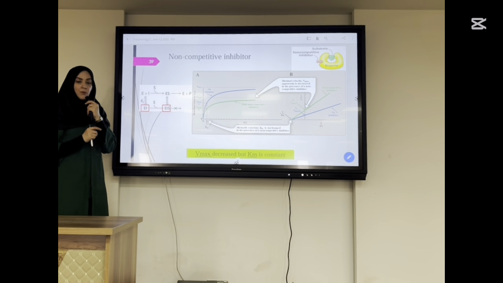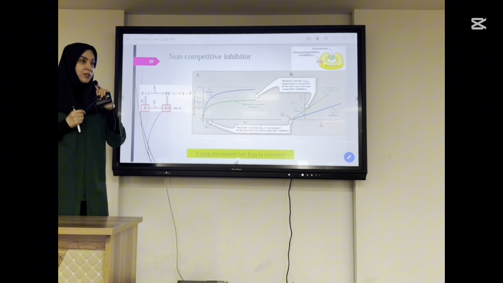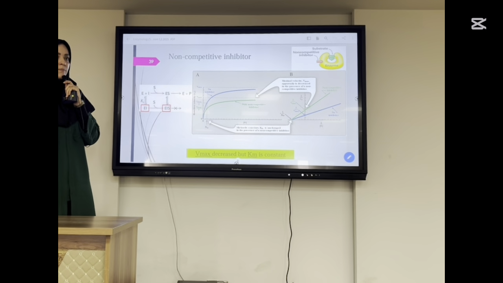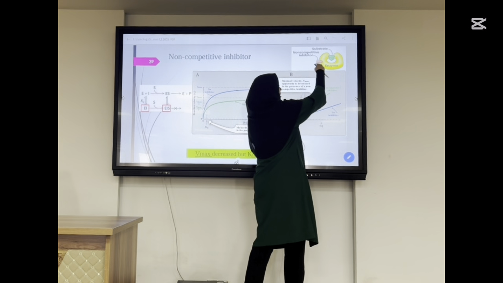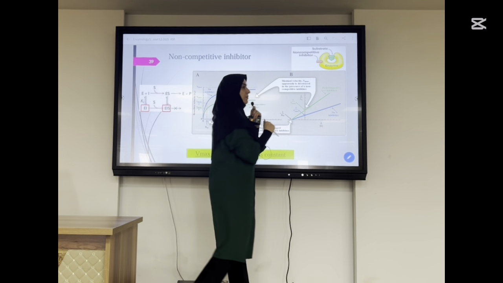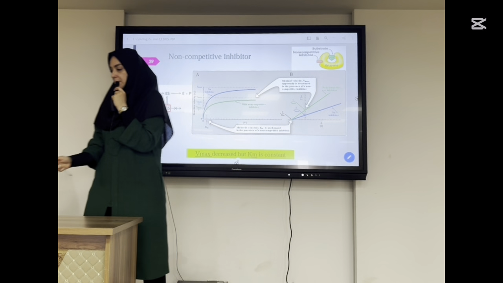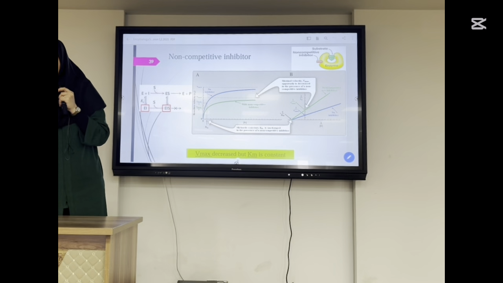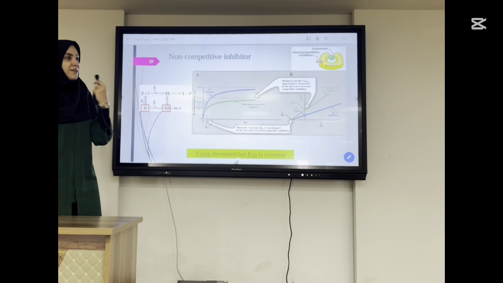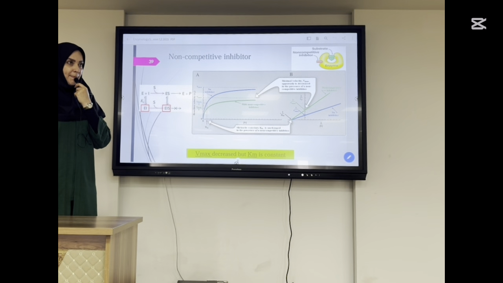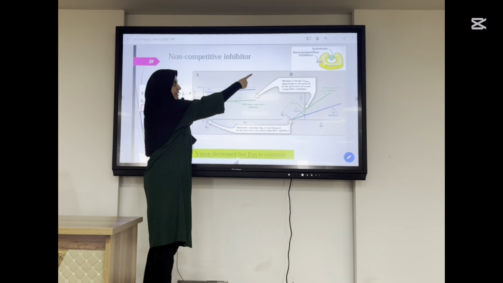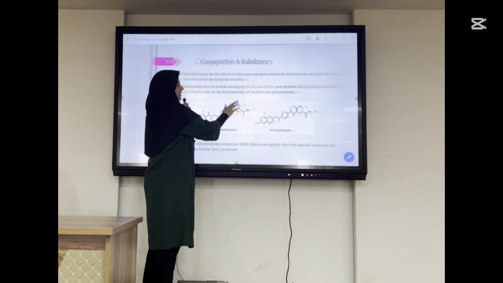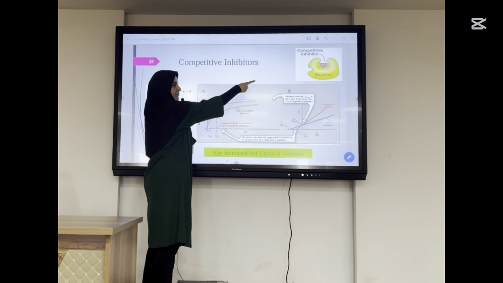Also, we have another type of inhibition. We have non-competitive. Would you please review this shape and compare it with the competitive? Who can tell me what is the difference? How do you think about competitive and non-competitive? I want to show it again. This is non-competitive, please pay attention, and that was competitive.